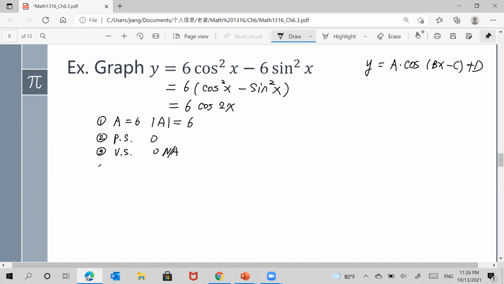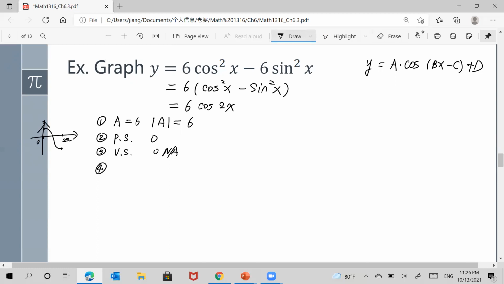Okay. So fourth, find one full cycle. So we have learned that this is a cosine function. Cosine is starting here and then going down here. That means right here 0 to 2 pi.